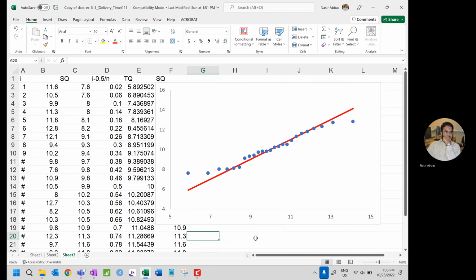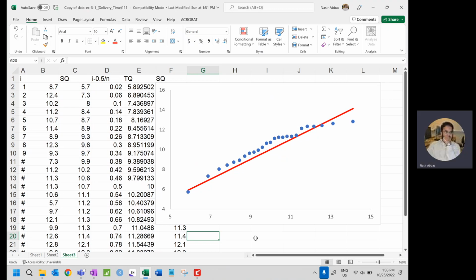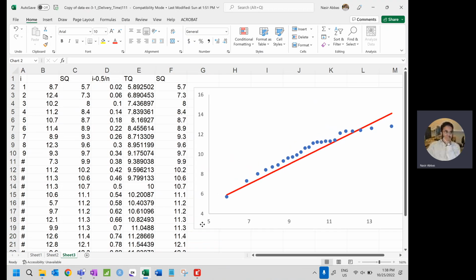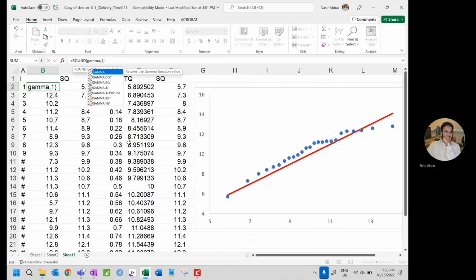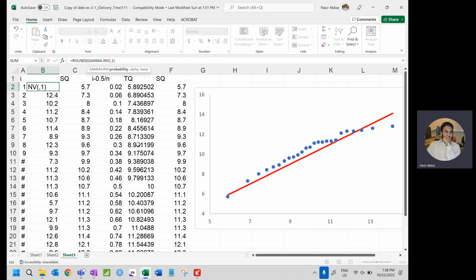Correct? Now my question is, what if I change the distribution from where I'm drawing the data? Here, instead of normal, what if I make it gamma distribution? I take numbers from gamma distribution with some specific parameters.